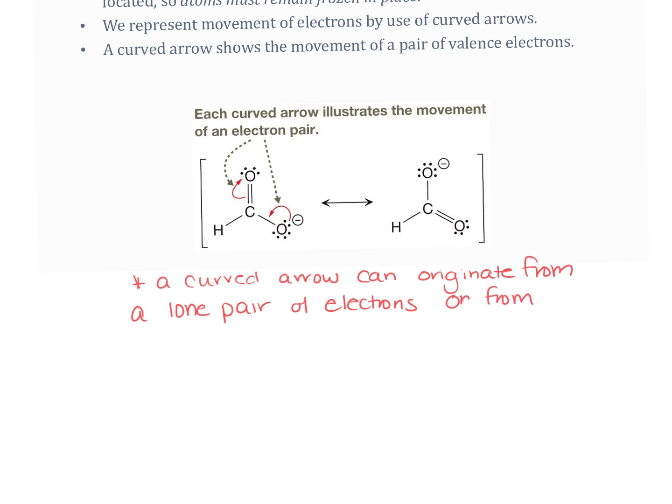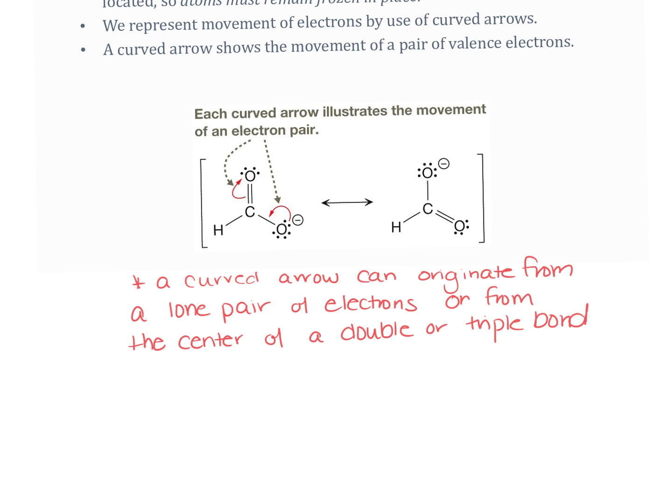Or from the center of a double or triple bond, okay? And that's going to indicate that specific pair of electrons that's being moved. So notice this starts in the center of the double bond, and the arrow shows the direction they're moving in.